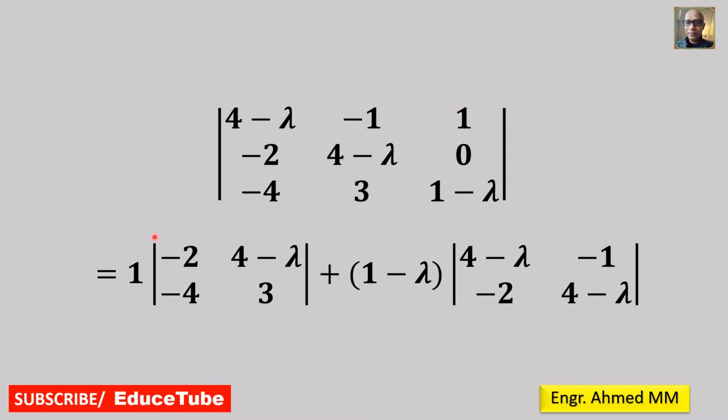So 1, and here the cofactor will be this, because this column and this row will be cancelled. So we have only this 4. So minus 2, 4 minus lambda, minus 4, 3. Same way for 1 minus lambda, we shall cancel this, we shall cancel this. So these 4 we will take.